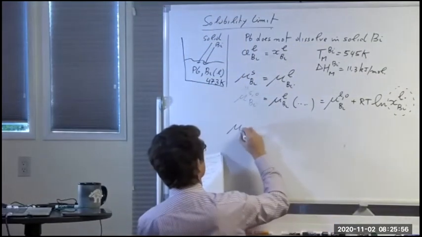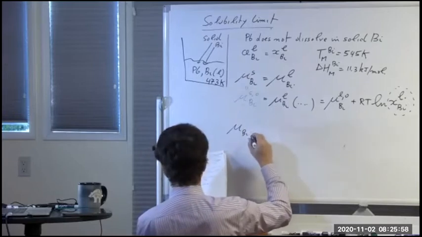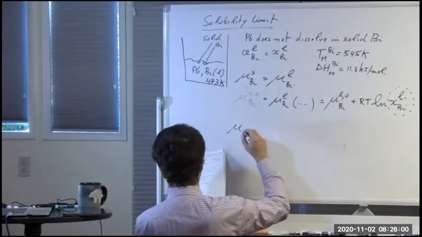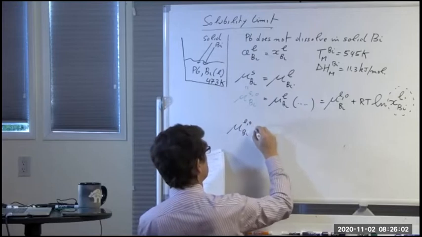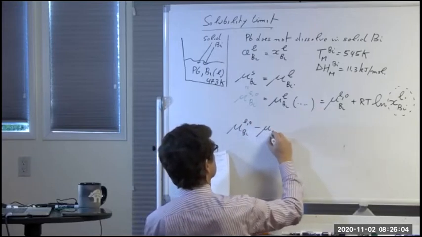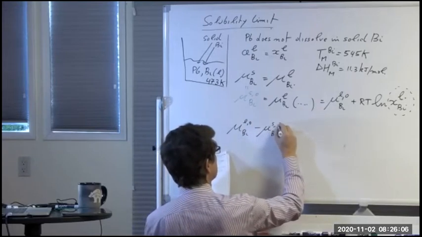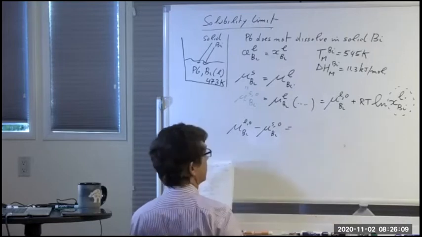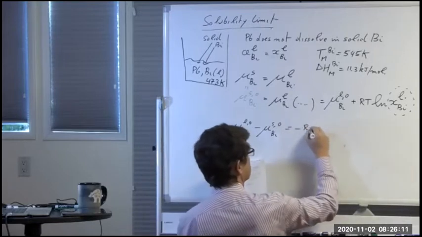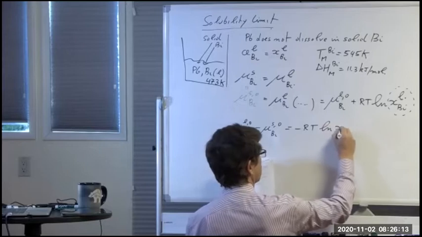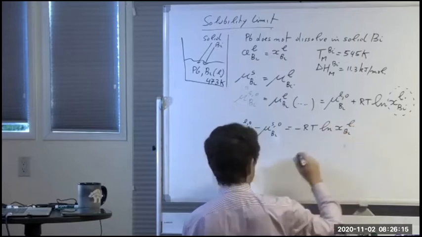So I get the chemical potential of bismuth, I'll do liquid minus solid here. And that's then equal to minus RT log X_B in the liquid.